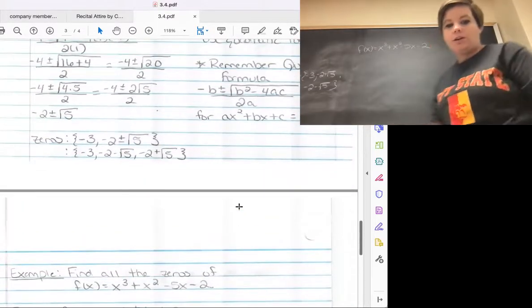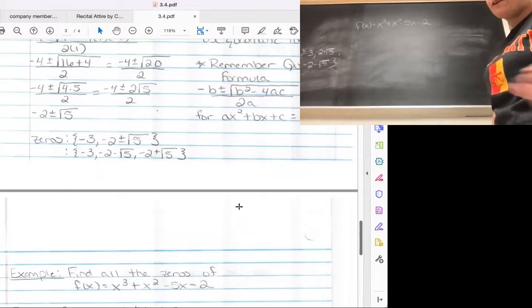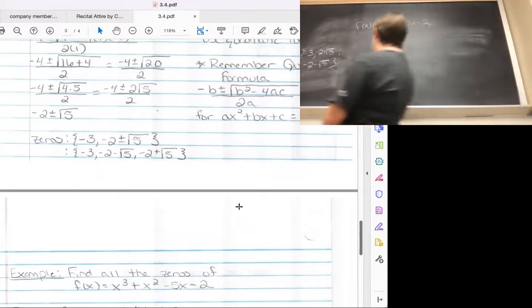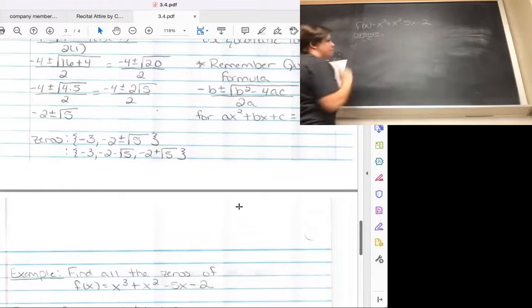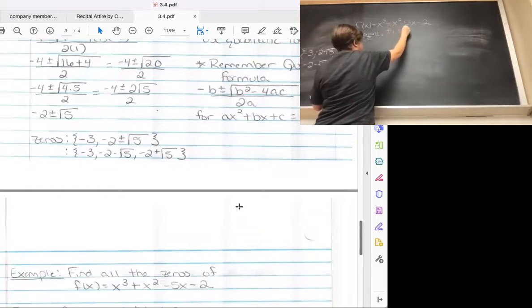We're going to find all of the zeros for x to the third plus x squared minus 5x minus 2. Using the rational root theorem, you're going to look at the constant over your leading coefficient. Your constant in this case is 2, so factors are plus or minus 1, plus or minus 2.